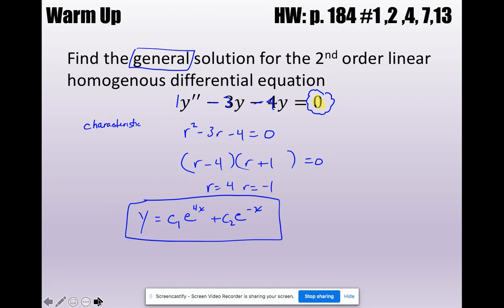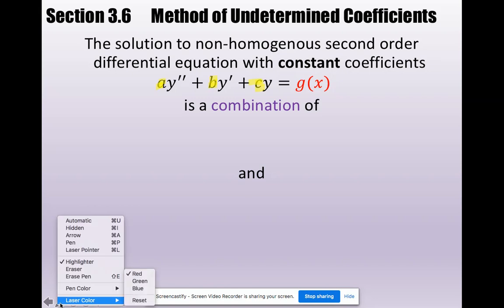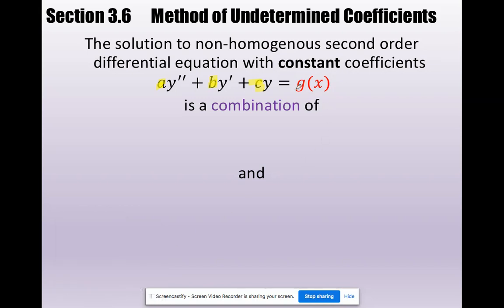All right, so some notes. The solution to a non-homogeneous second-order differential equation. So we're going to, again, start in the simplest way where A, B, and C are constants, but the second-order linear differential equation is not equal to 0. It is equal to another function.